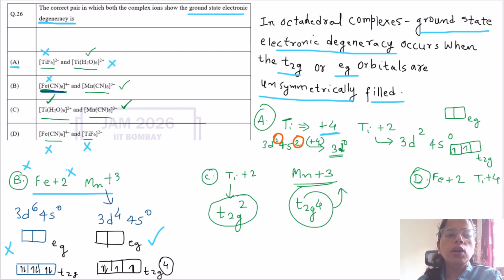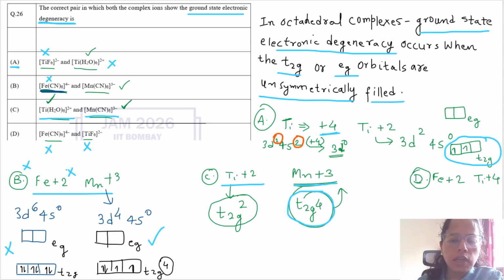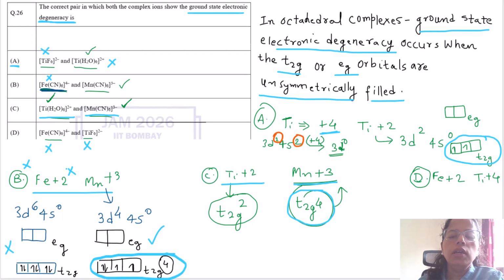So overall, option C has two complexes, Ti(H2O)6 2+ and Mn(CN)6 3-. Both of these show electronic degeneracy, because titanium has a T2G2 electronic configuration, which is an unsymmetrically filled T2G orbital, and Mn3+ shows a T2G4 electronic configuration, which is an unsymmetrically filled T2G orbital with a strong field ligand.